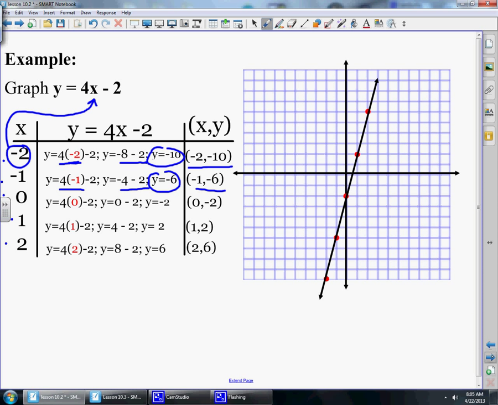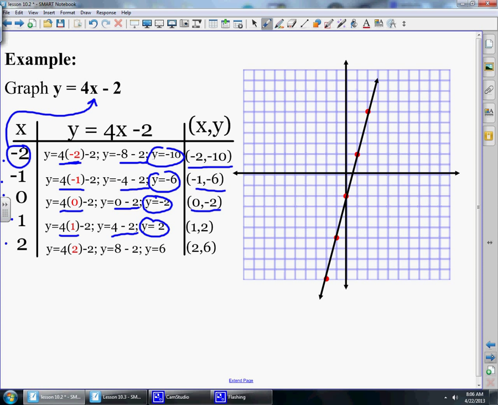We plug 0 in for x. 4 times 0 minus 2. 4 times 0 is 0, and then 0 minus 2 is -2. So when x is 0, y is -2. Now we're going to take and plug 1 in for x. 4 times 1 is 4. 4 minus 2 is 2. So our ordered pair is 1, 2.